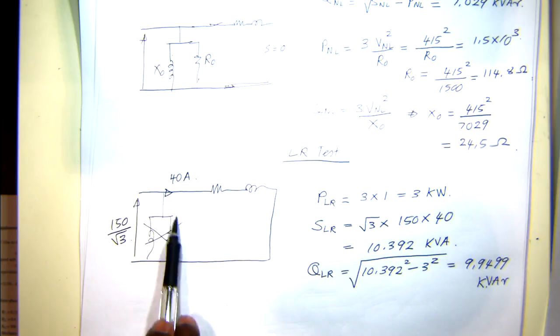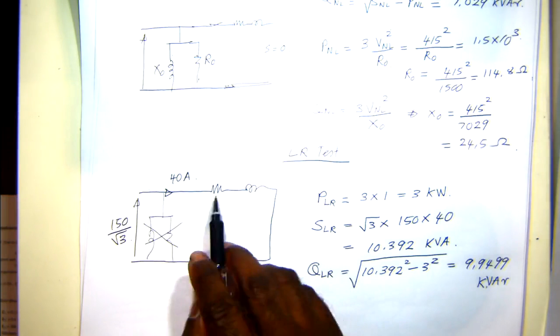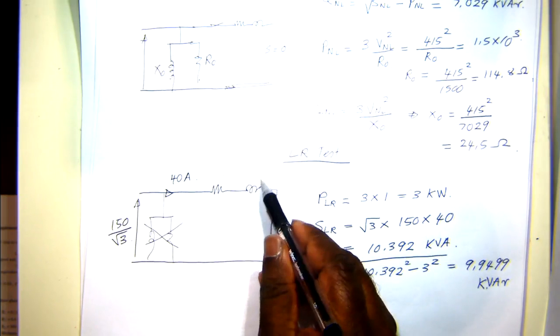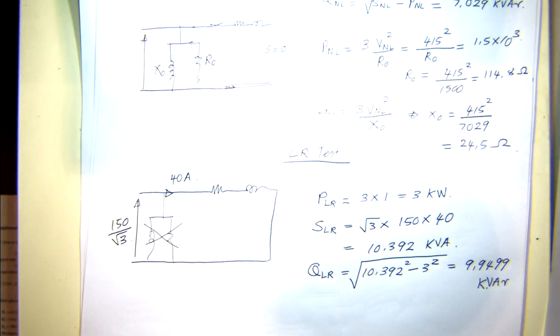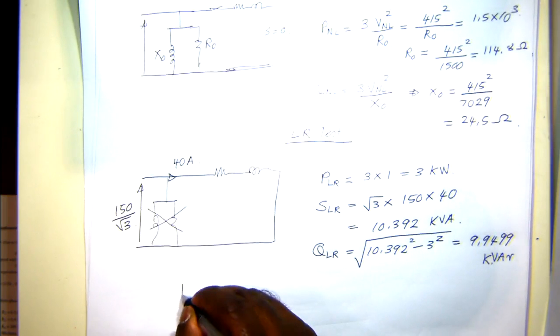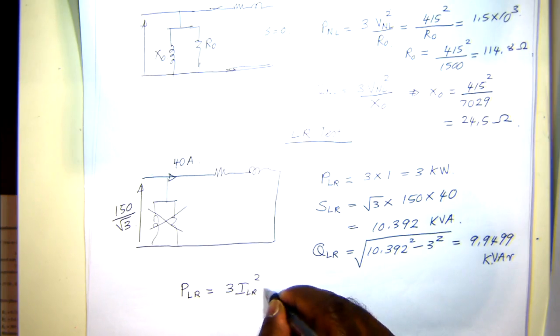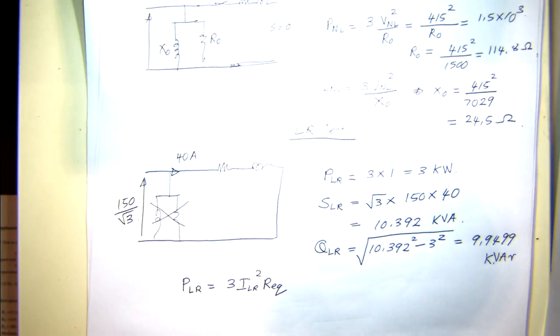So for the lock rotor test, the power consumption is I squared R here for real power and I squared X for the reactance there. So we can write P lock rotor power will be 3 times I lock rotor current squared R EQ.